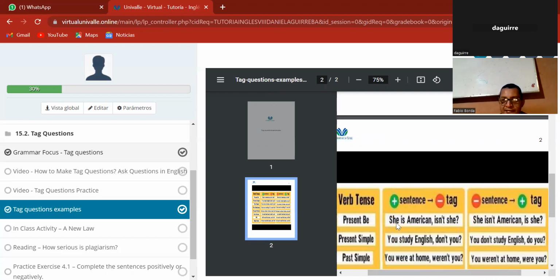At the beginning, this sentence is affirmative, but the tag question is negative. But in the next one, the sentence is negative, but the tag question is affirmative. Can you observe the difference? Yes, okay, I can observe.